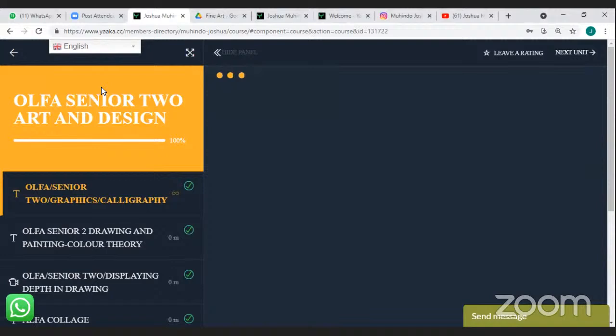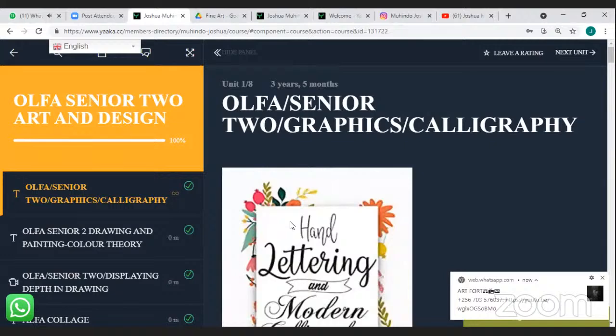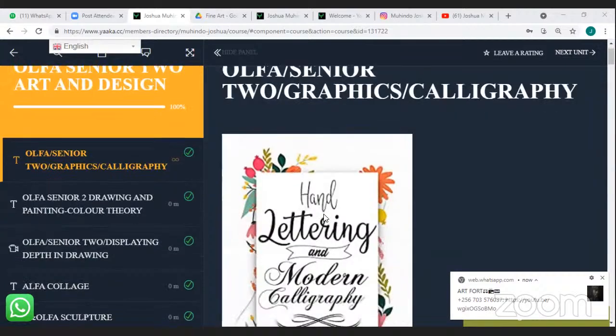About graphics, I think you're also part of us when we are discussing graphics. We are basically discussing graphics, and we were emphasizing calligraphy as a way of creating beautiful works in terms of letters.